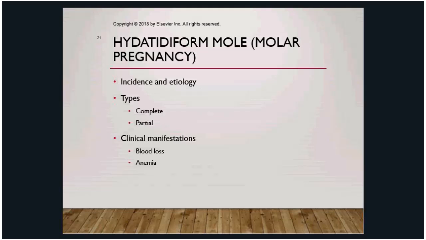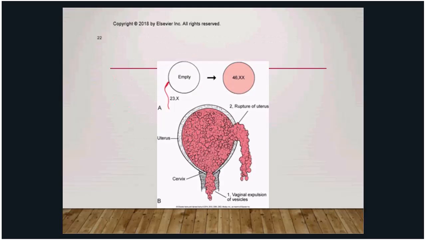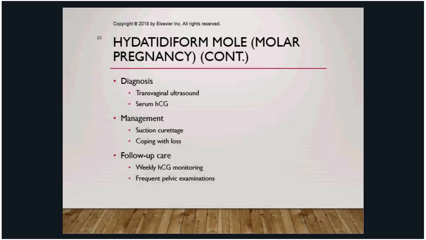Molar pregnancy, incidence and etiology. There are different types, complete and partial, and clinical manifestations can include blood loss and anemia. Diagnosis is done by transvaginal ultrasound and serum hCG.